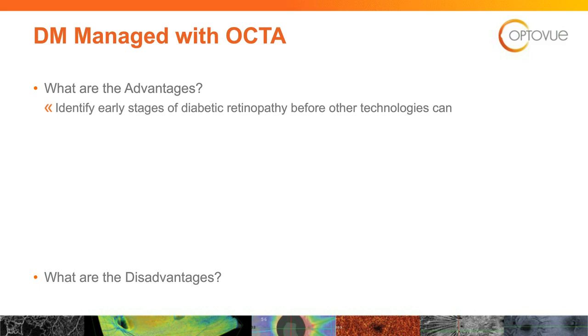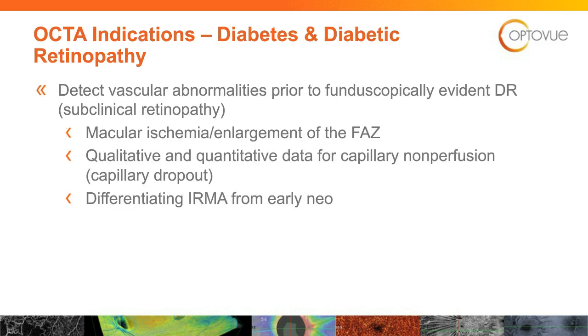And I'm going to go ahead here just a couple, and I'm going to come back to this. This is what you want to remember, the take-home message of the things that you can see before they bleed, before they have hemorrhages, is maybe macular ischemia, enlargement of the foveal avascular zone. I was doing a quick search last week for different studies, and I came across a study that was released early March of 2019, titled Enlargement of the Foveal Avascular Zone Detected by OCTA in Diabetic Children Without Diabetic Retinopathy.